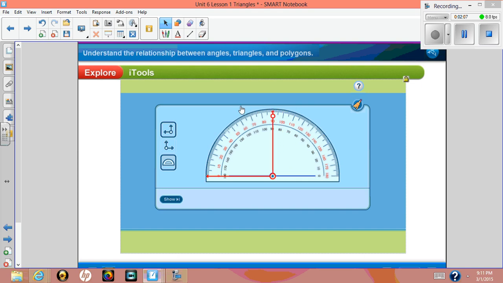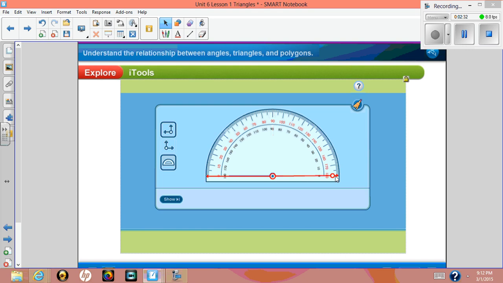Here are two rays that are exactly perpendicular, and they form a little square right here. And this is exactly 90, and it is a right angle. If you look, a straight line is 180 degrees.